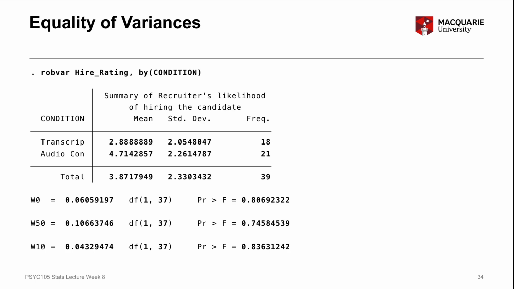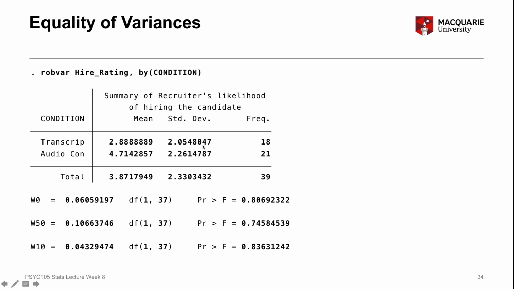Our second assumption is that the variation in scores or the spread of scores is approximately even between the two different groups. And we can test that using what's called Levene's test for equality of variances. This is the syntax in Stata to do that, and this is the output it gives us.